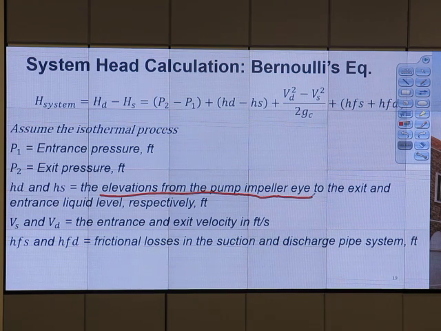Okay, how much you want to change the elevation from one location to another location. So this tells you total pressure drop or total pressure required.